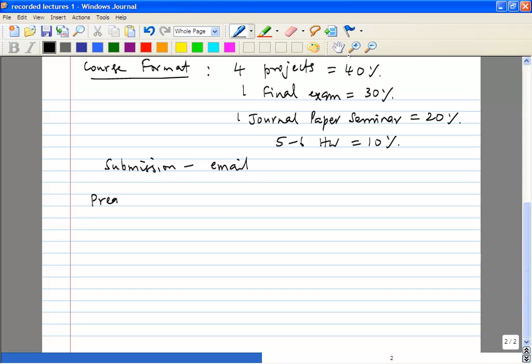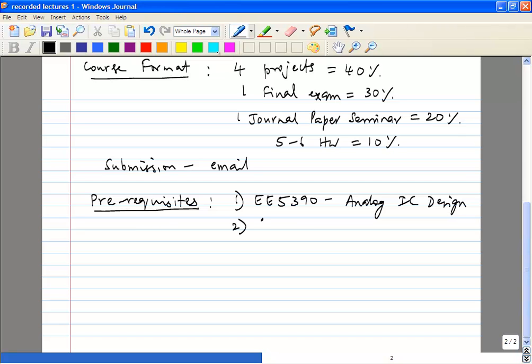The prerequisites for this class are EE5390, which is analog IC design, or if you have a similar background, that is satisfactory too.